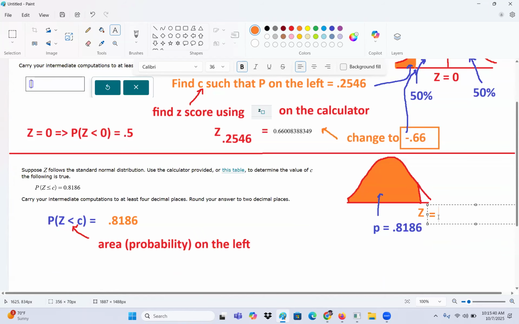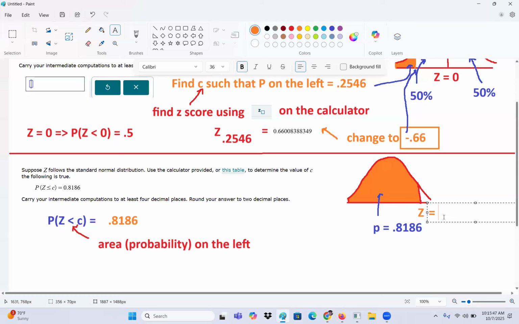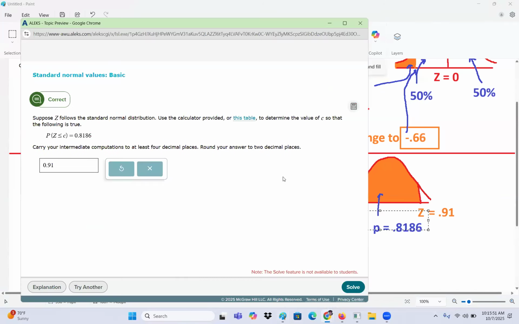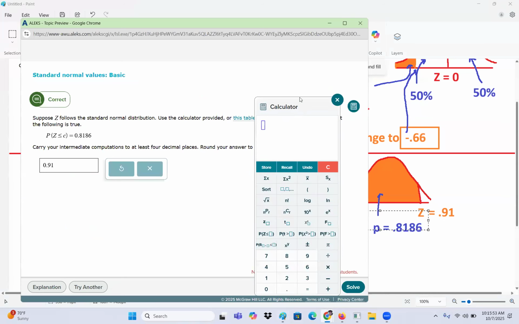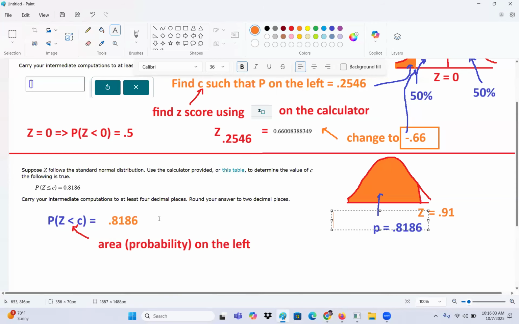So in this case, you're going to do positive 0.91. So all we have to do is make sure we understand the questions. Sometimes we change the side, but you have to watch out whether the side was greater than or less than. It's 0.91, rewriting it in a finalized version.